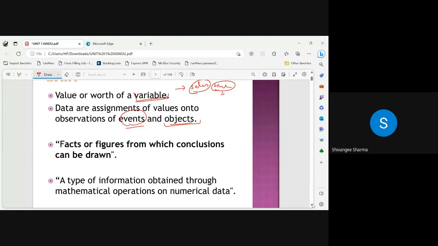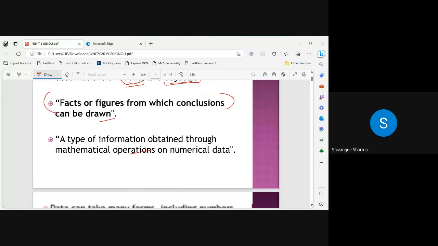So the final definition can be: facts or figures from which conclusions can be drawn is data. If you are just collecting something and you are not presenting it in a particular presentable form, then that is not data, that is mere information. Okay, so a type of information obtained through mathematical operations or numerical data.